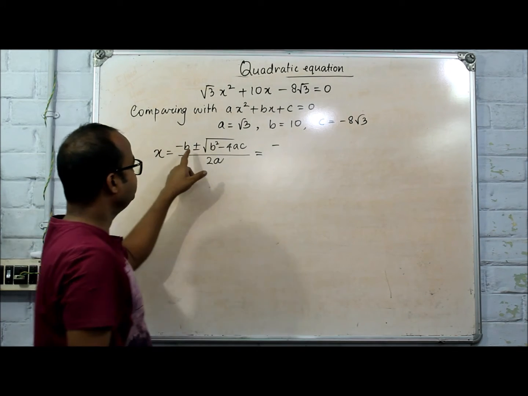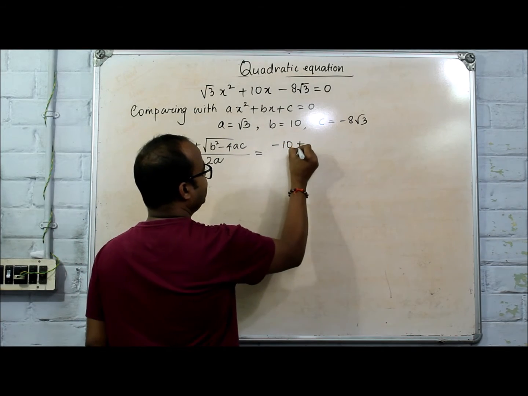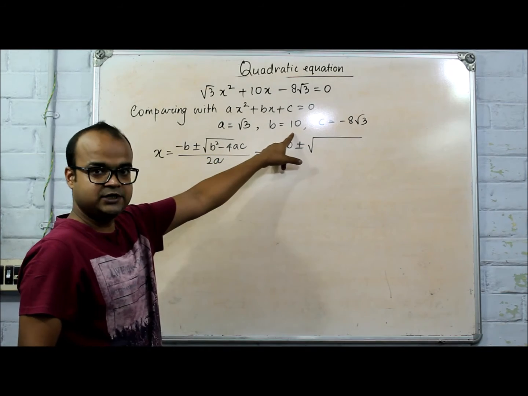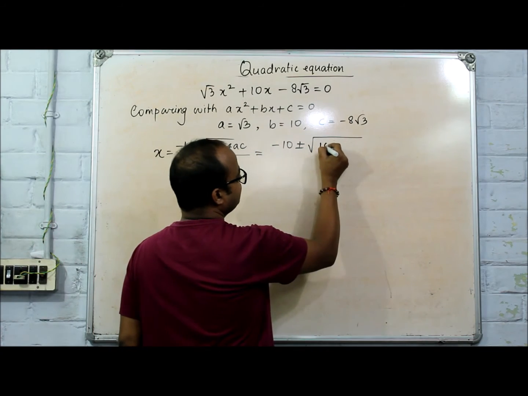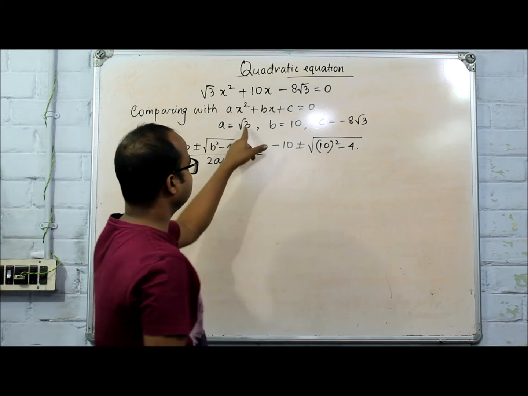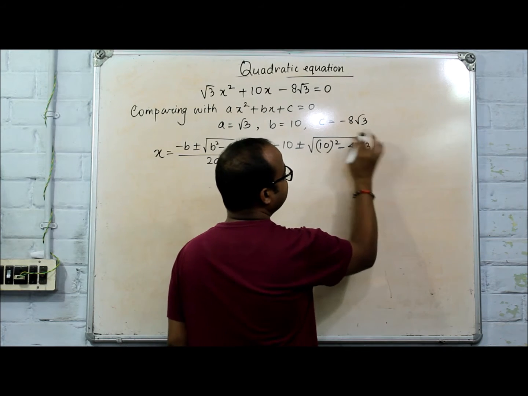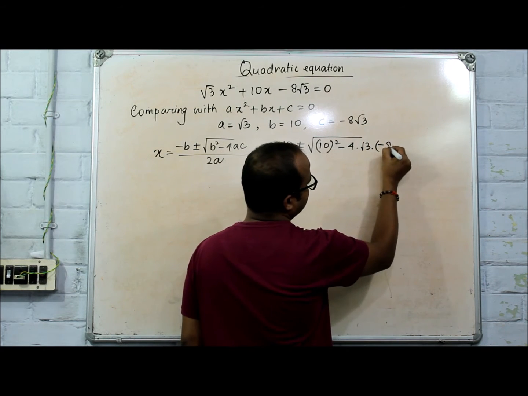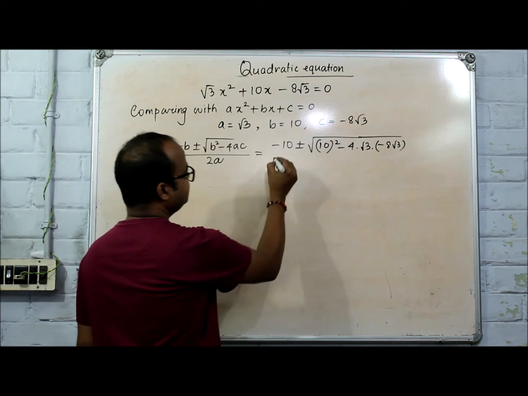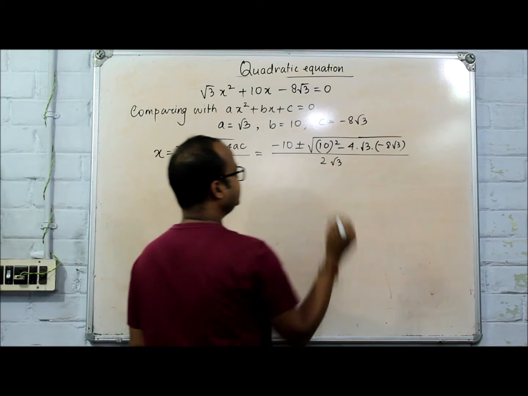Minus b, value of b is 10, so minus 10 plus minus b square. B square means 10 square minus 4 into a, that is root 3, into c, that is minus 8 root 3 by 2 into a, that is 2 into root 3.